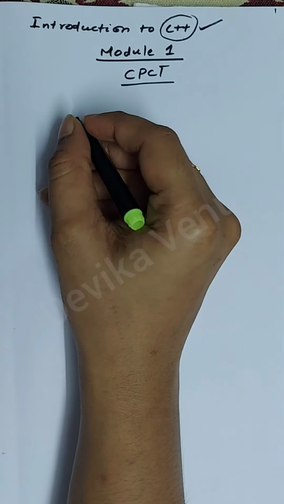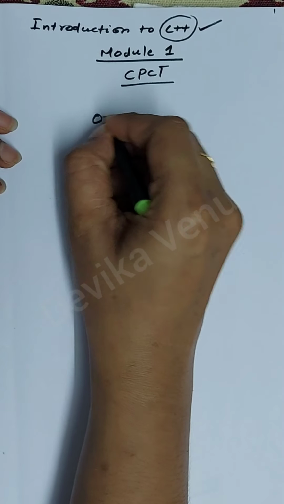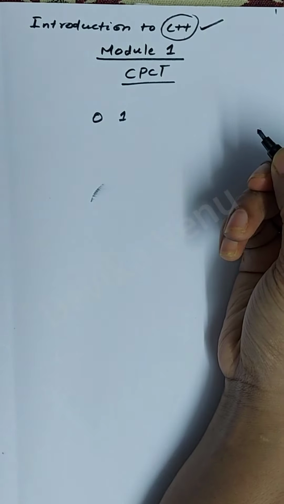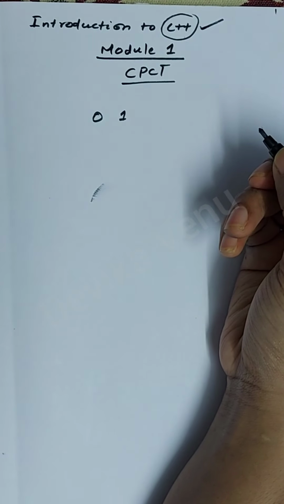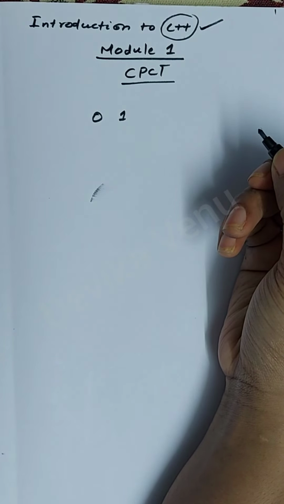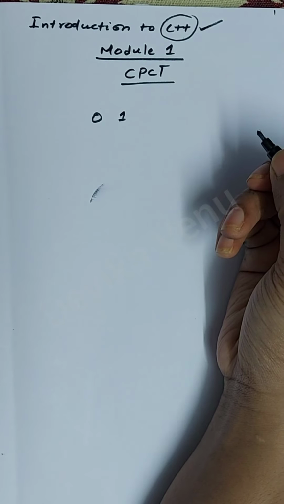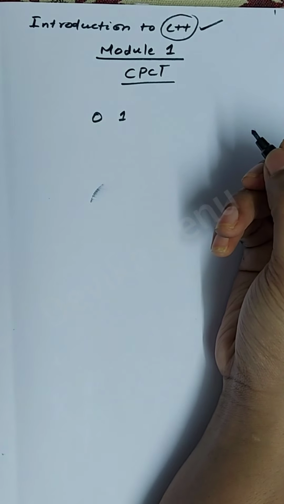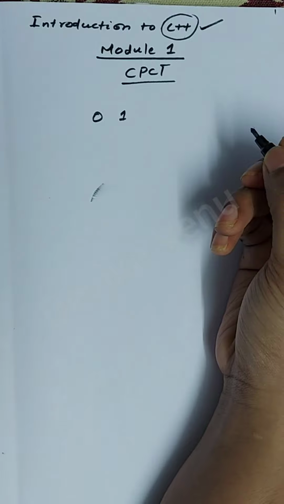What a machine understands is 0 and 1. Take a fan, for example, it's a machine. How does the fan work? We switch on the fan, and it will rotate, isn't it?